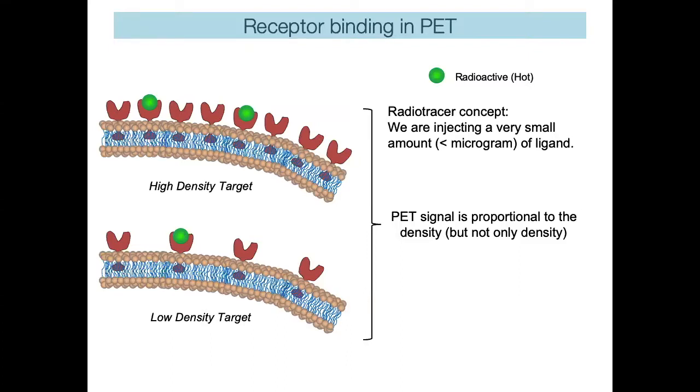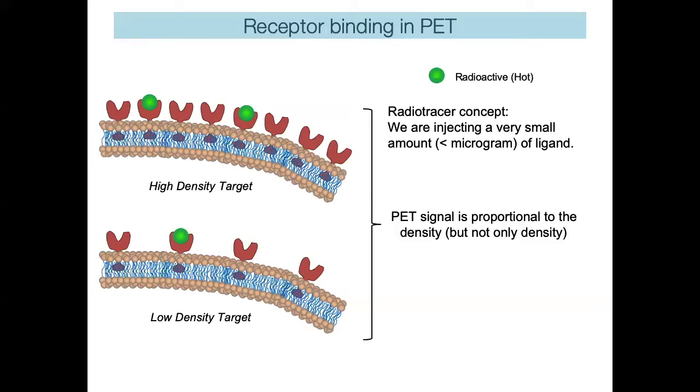The tracer part in radiotracer means that we are injecting a very, very small amount of this molecule. And so the PET signal is proportional to the density of whatever target we're imaging. But the key point here is that because we are injecting a tracer, we're not disturbing biology. We're not saturating any receptors with our PET radiotracer.